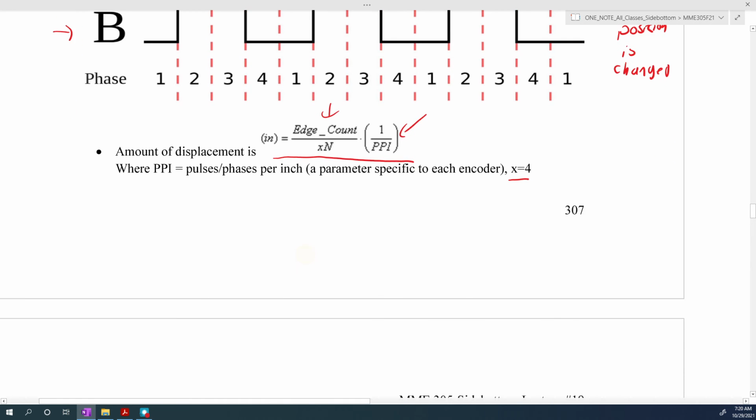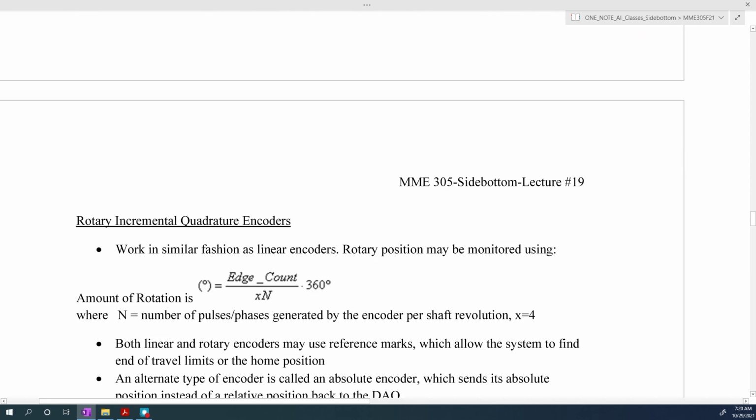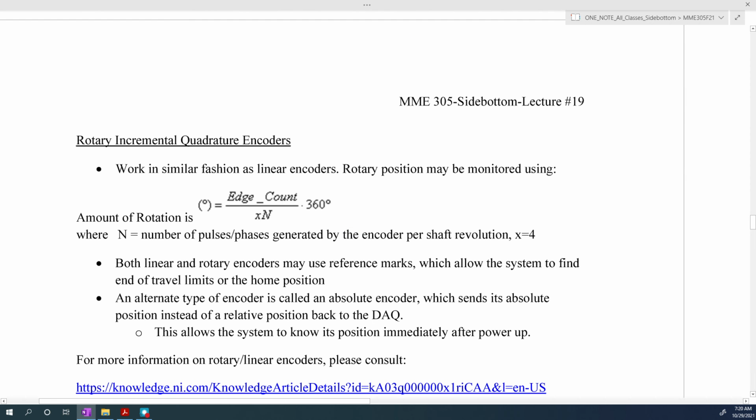The next page talks about rotary encoders. Rotary encoders work very similarly. The rotary position is basically a function of the number of edge counts divided by x times n, where x is typically equal to 4, measuring both rising and falling edges, while n is equal to the number of pulses generated per shaft revolution.